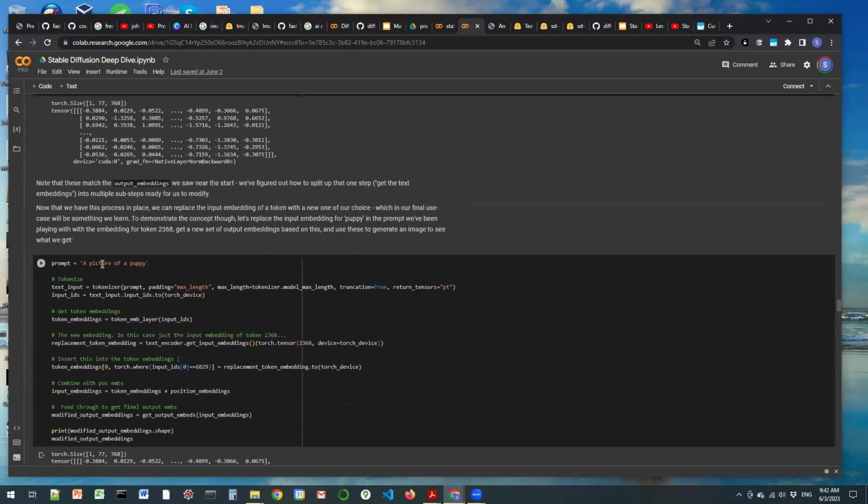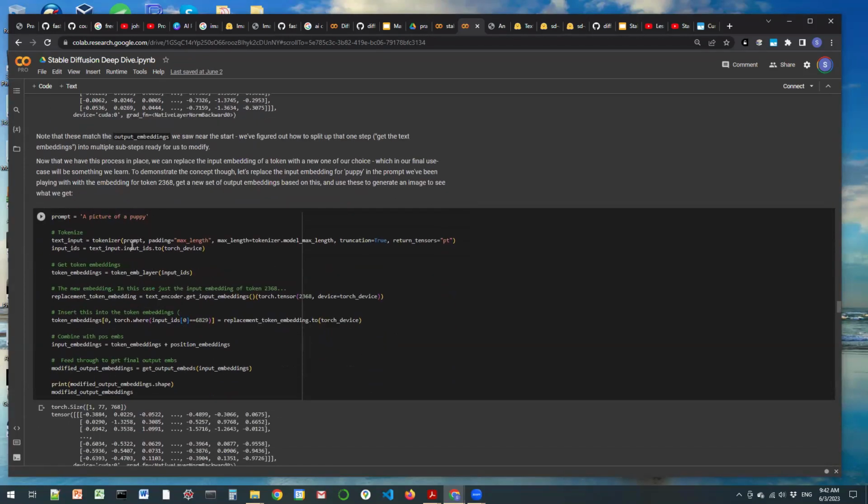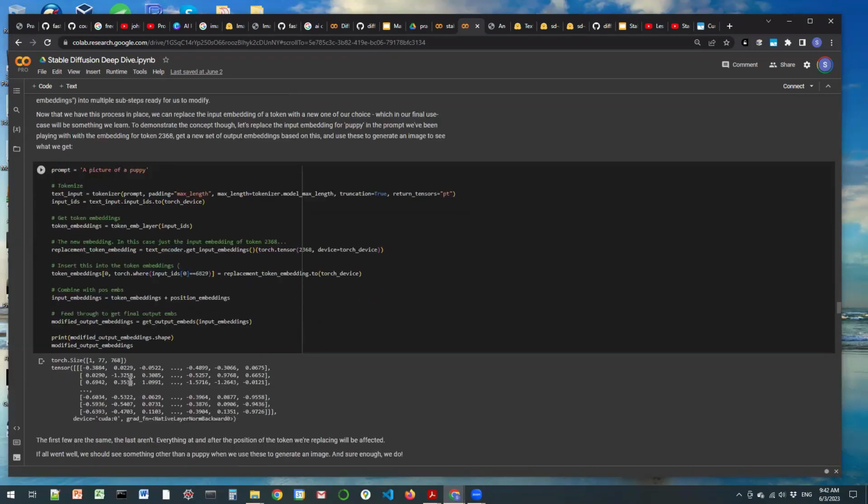And here's an interesting thing though, a picture of a puppy, right? So you go through all that, put it through this, and you get the input. But now suppose we play with this in the text.